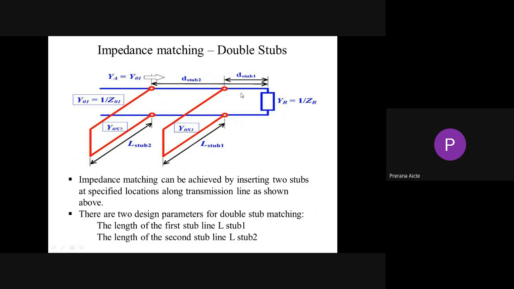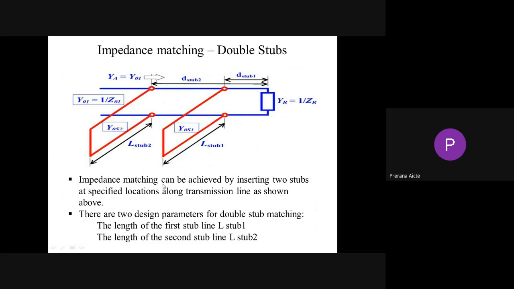Now, first we insert stub 1 from the load, that is the resistive load Z of R, with corresponding admittance Y of R equal to 1 by Z of R. While inserting these stubs at a distance D from the load, if the impedances still do not match, then we can insert one more stub at a distance from the load, that is D stub 2.